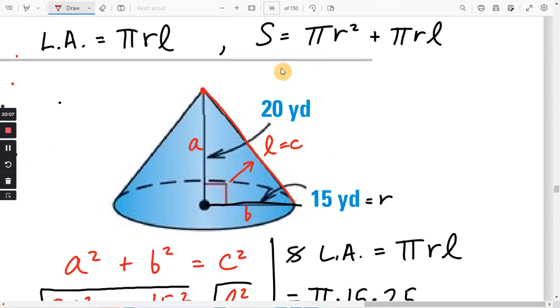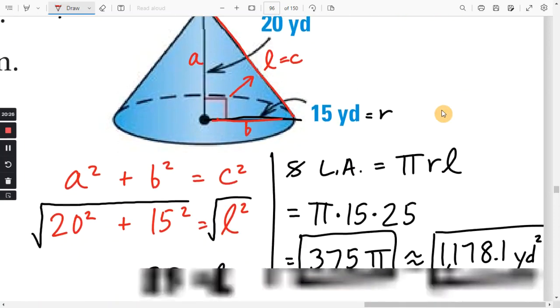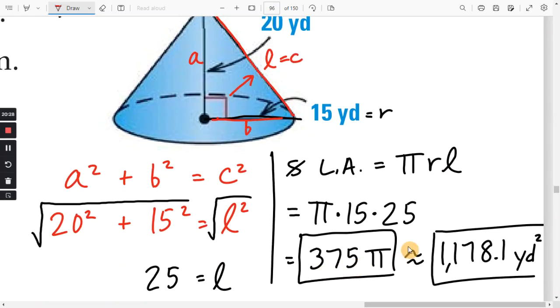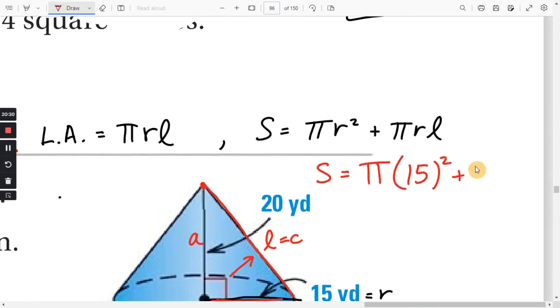Now for the surface area, I'll just do it right here. We have pi r squared, so that's going to be pi. And this right here is r, that's 15, so that's going to be 15 squared. And we're going to add what we got for the lateral area, which was 375 pi. No need to go through that again.